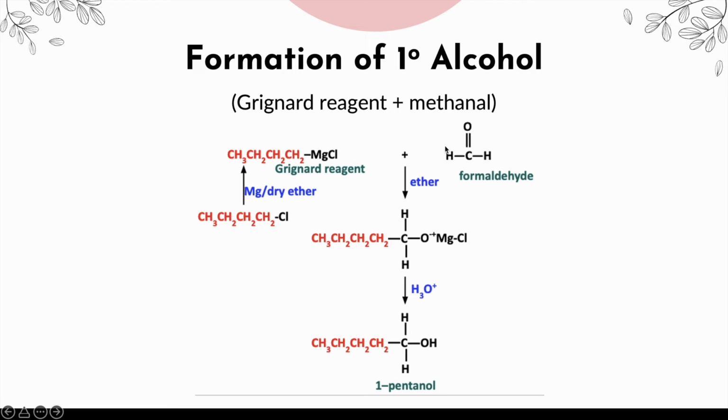Reacts with methanal, or formaldehyde is its common name. The common name of methanal is formaldehyde. So it reacts with methanal or formaldehyde in the presence of ether, O minus MgCl plus.